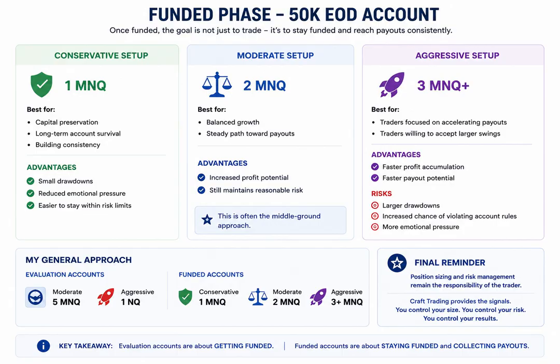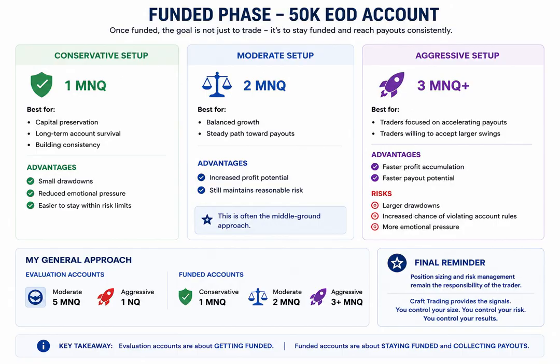This is a typical setup I use, but again, if I plan to go with 100K EOD, 150K EOD, or a trailing intraday account type, they are completely different because they have a different drawdown, or a different buffer, and accordingly I have to estimate and size for those account types.